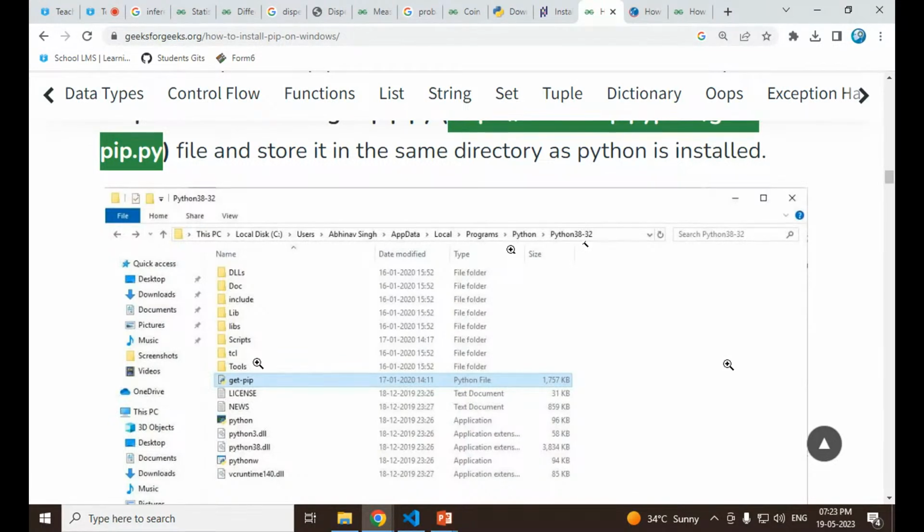Tanushree, what happened? In C drive, sir. It is showing part of the C drive.